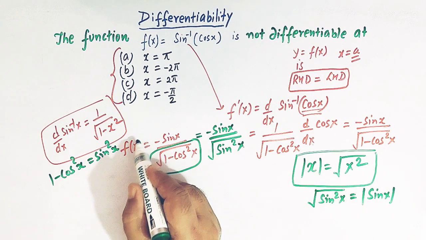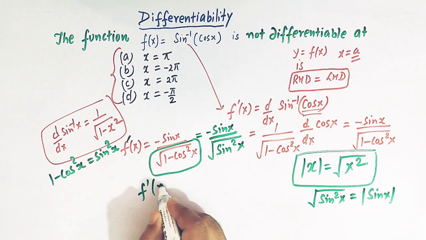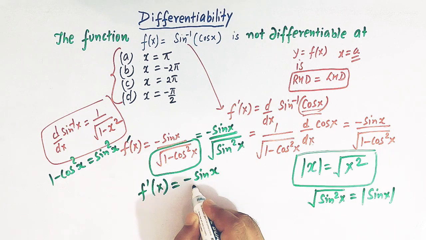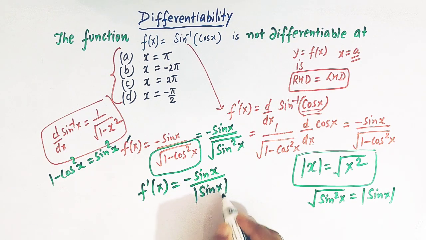So the derivative f prime of x can be written as minus sine x divided by mod of sine x.